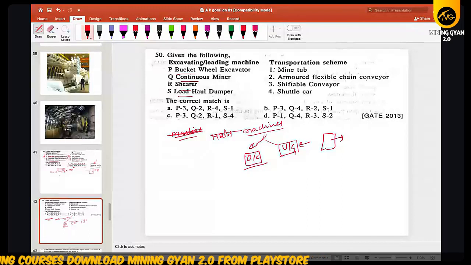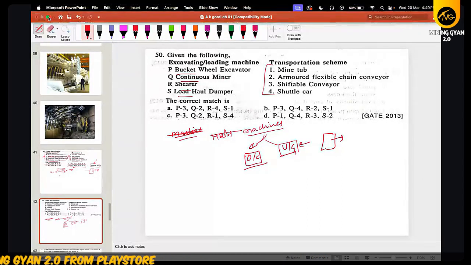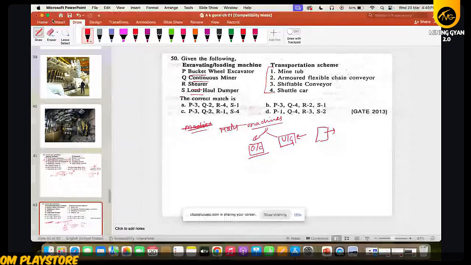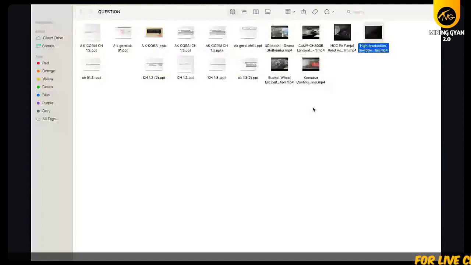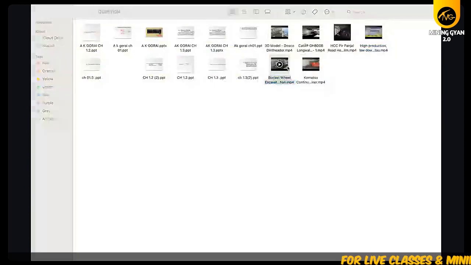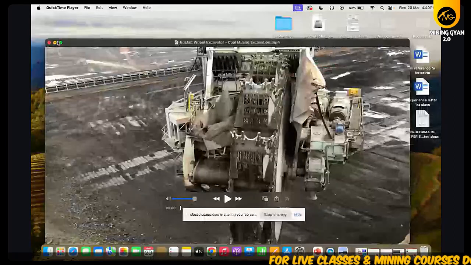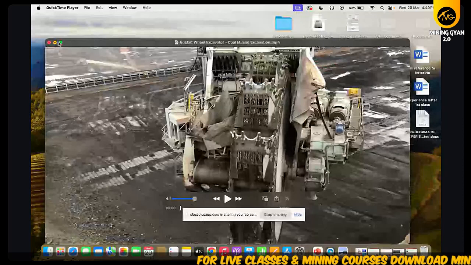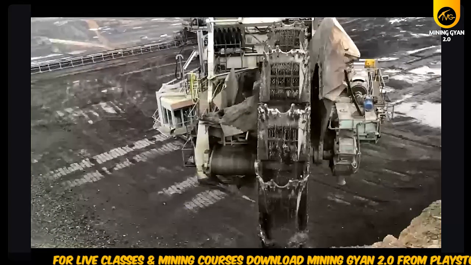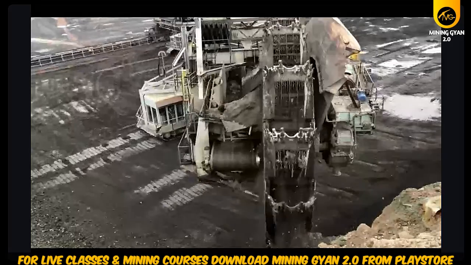So the transportation method. First, if I have a video, I will show you what is the bucket wheel excavator, then the continuous miner. Bucket wheel excavator. This is your bucket wheel excavator.